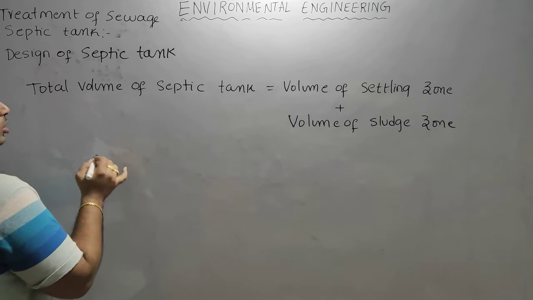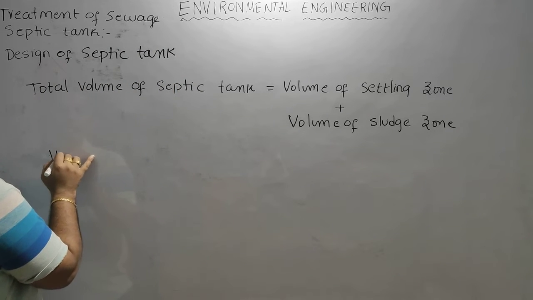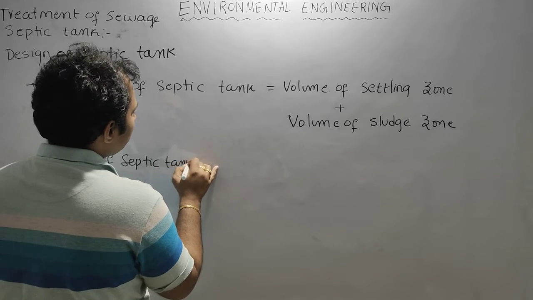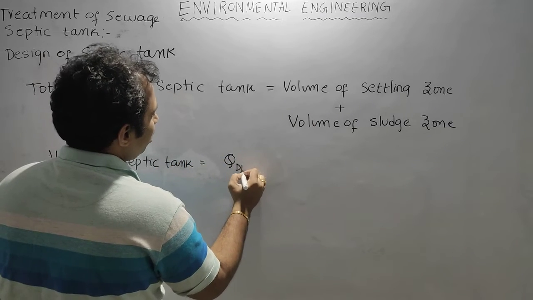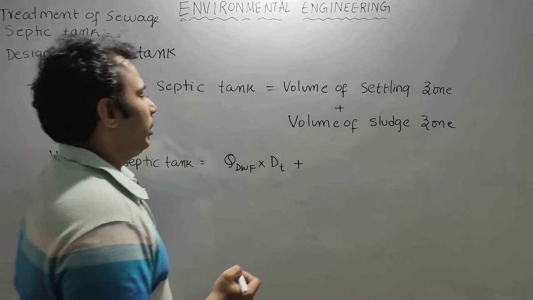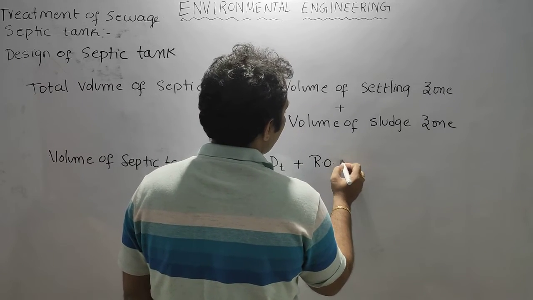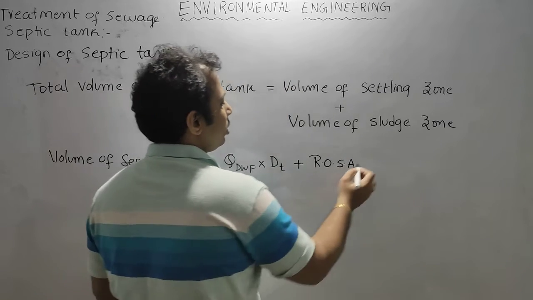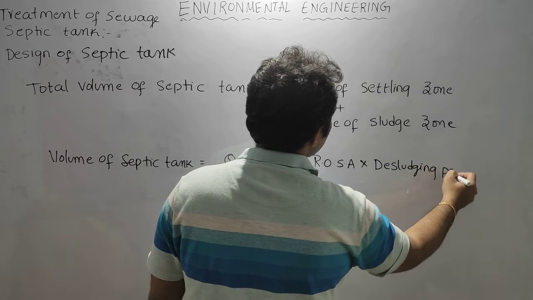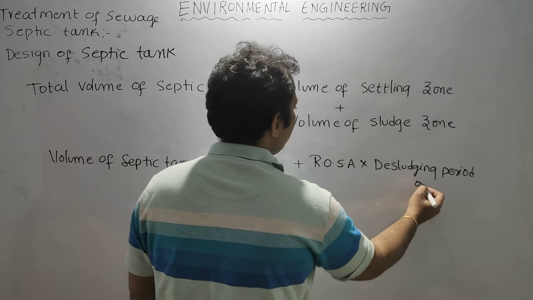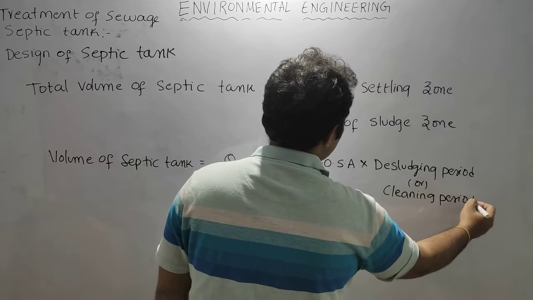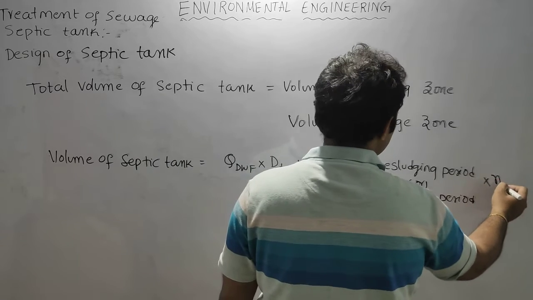So what is the volume of the settling zone? Volume of septic tank is equal to the volume of the settling zone, which is dry weather flow multiplied with the detention time of the settling tank, plus the rate of sludge accumulation into the desludging period, or simply the cleaning period, multiplied by the number of users.